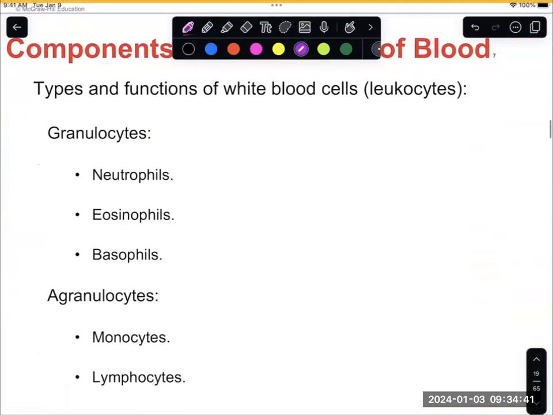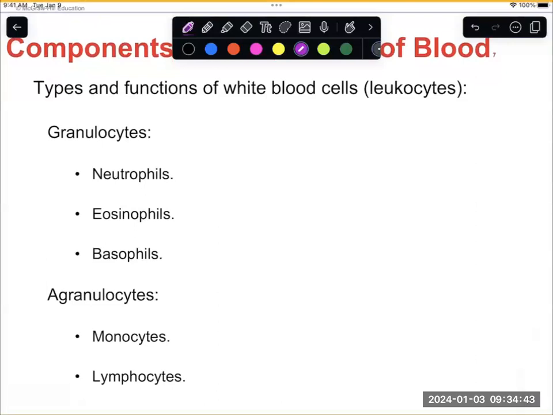So let's look at the different types of white blood cells. White blood cells are split into two different categories. We have granulocytes. These granulocytes contain a granular cytoplasm. So when they're stained on slides, they're going to have this granular appearance.